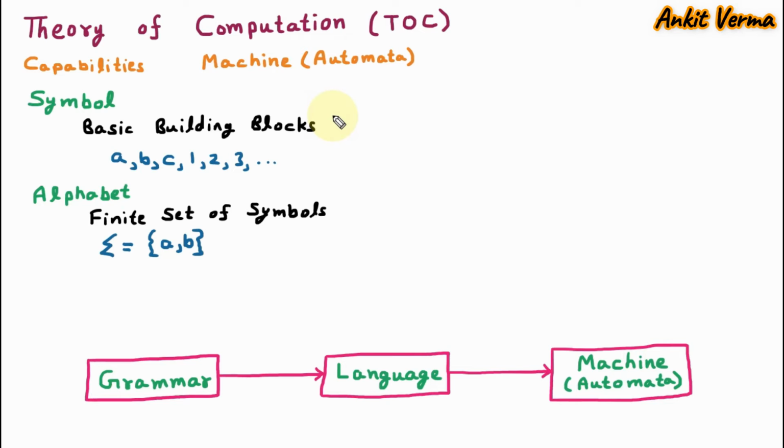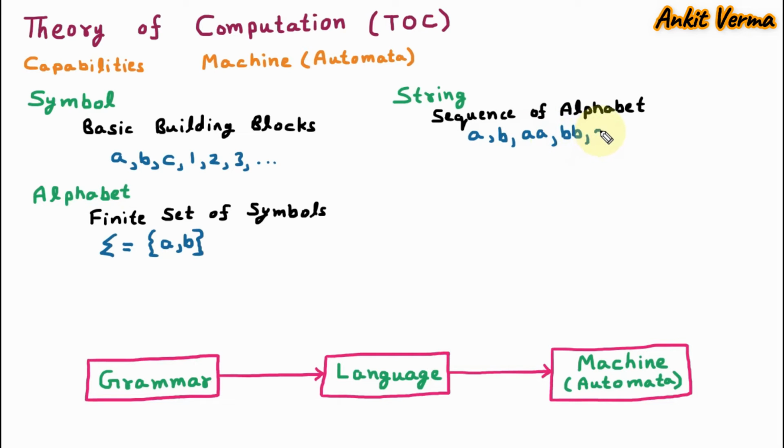Next thing is string. It is sequence of alphabets. So from the given alphabet, we are generating the sequence of alphabet, just like we are having single A, then we are taking single B, or we are taking two together, just like AA two times, then BB two times, then AB, then BA, in the same way AAA, and so on.